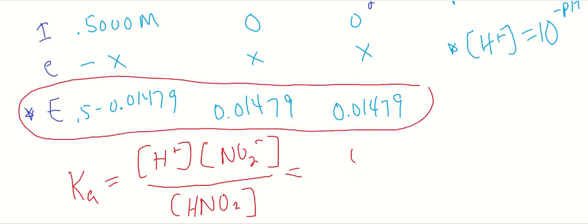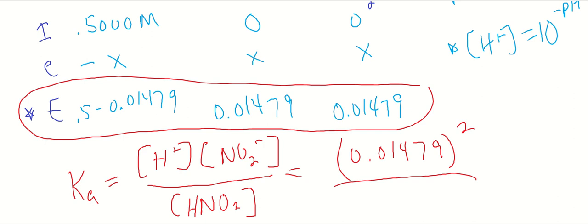All right, so 0.01479. Well, there's 2 of them, so we'll square that, all over 0.5 minus 0.01479.